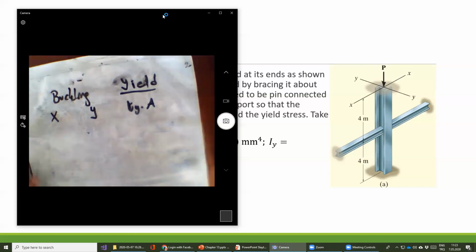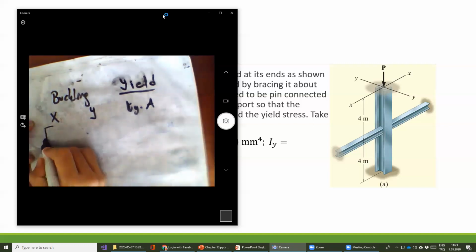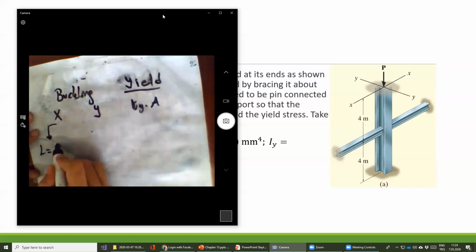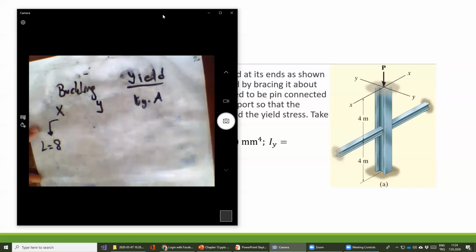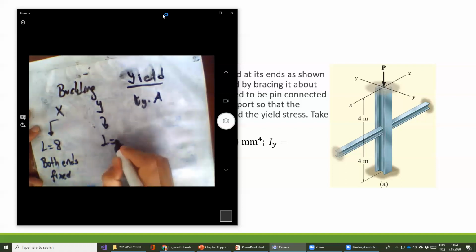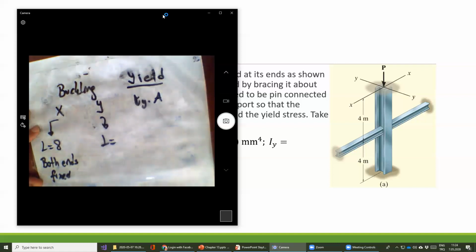For the x axis, the length is equal to 8, so we have both ends fixed. For the y axis, L is equal to half of the beam, therefore I can take 4. We have two types of connection.